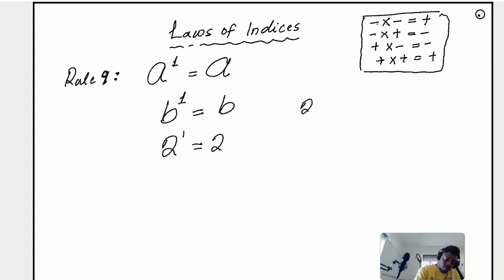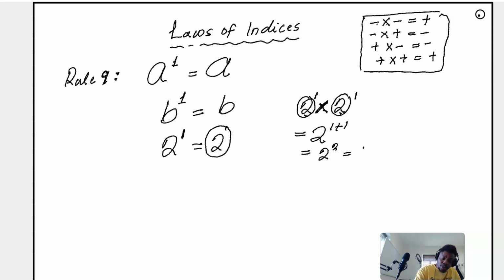So when I have 2 times another 2 here, it simply means that this 2 is raised power 1, and this 2 also is raised power 1. So in this case, you already know this. These are same bases and you are multiplying. So same bases you are multiplying, that is rule 1. You add the powers together. So this is 2 raised power 2. And 2 raised power 2 simply means 2 is multiplying itself 2 times, which is 4. So remember, anything raised power 1 is that thing.